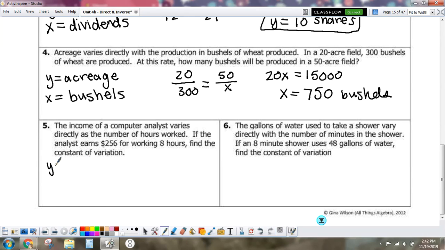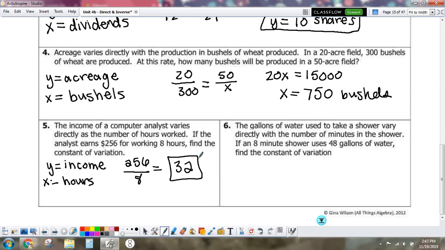So in this problem, your Y is going to be the money, because how much money you make depends on how much you work. So that's going to be the income. And then your X is going to be your hours. So to find your constant, you would just do your 256 divided by your 8 to get 32 is your constant.